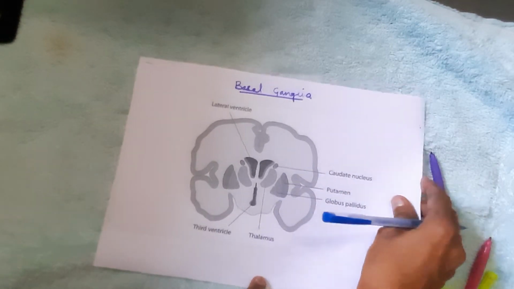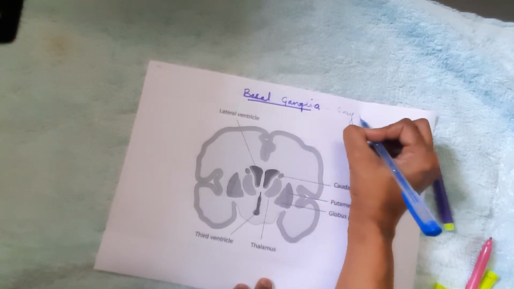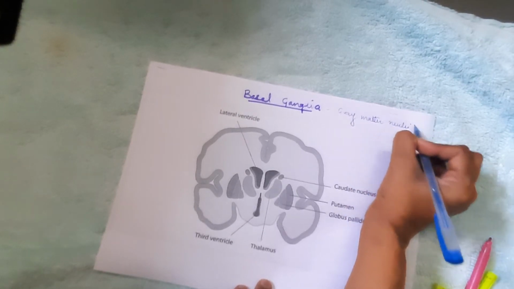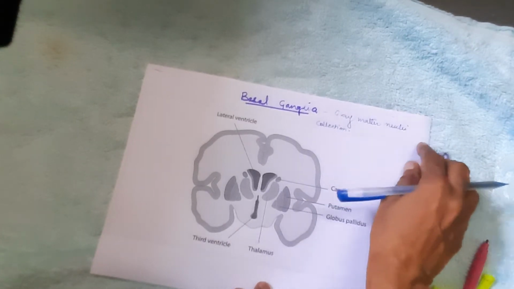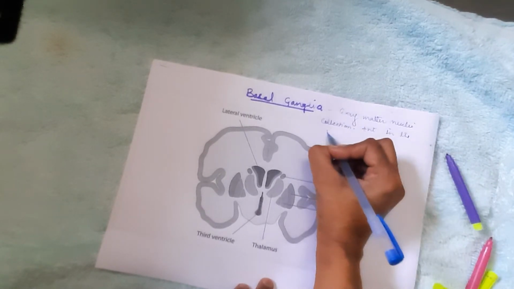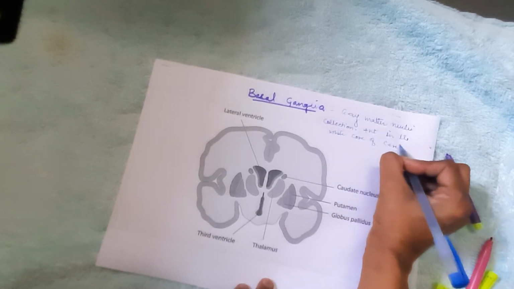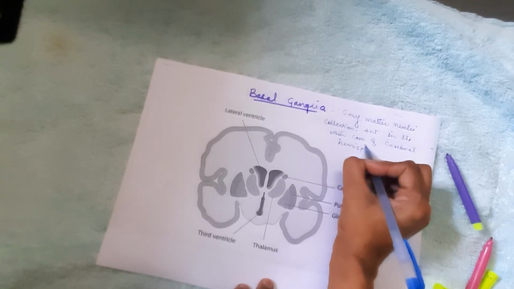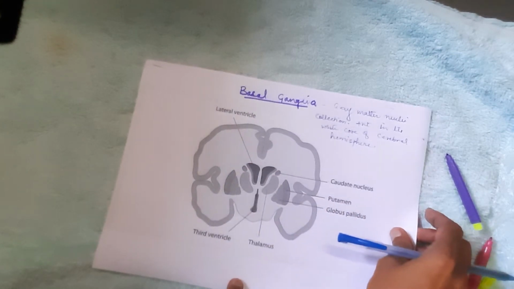As you see here, basal ganglia is a grey matter nuclei collection present in the white core of the cerebral hemisphere.